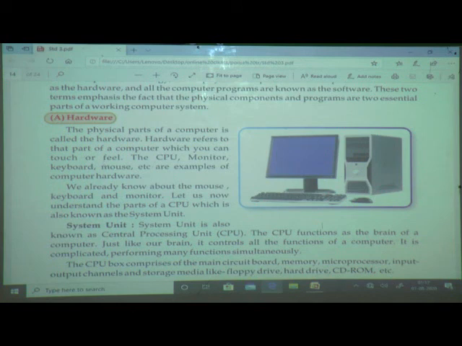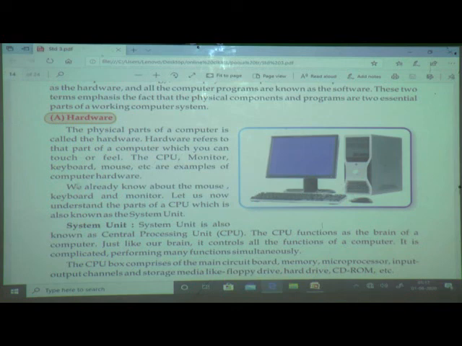Same like the computer: the CPU, monitor, keyboard and mouse. These are touchable parts. Those parts we can touch or feel, and we call them hardware.